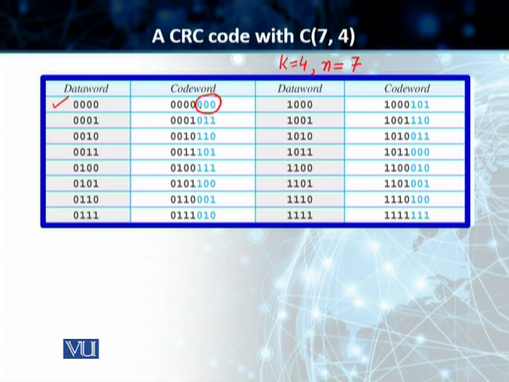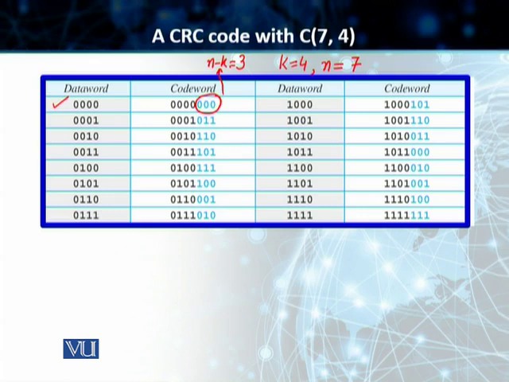The amount of bits that we are going to append is calculated by n minus k, which in this case is 3. So we just add 3 bits to the end of this data word and we send this over.